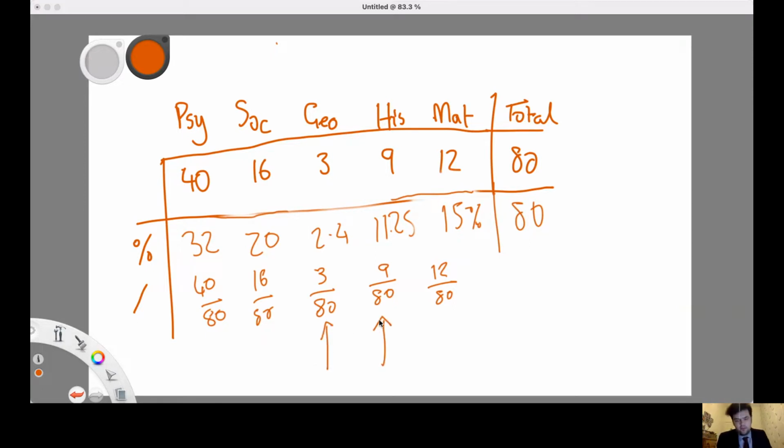These can't be simplified because no one number goes into both 3 and 80. 3 is prime, so only 1 and itself go into it, and 3 doesn't go into 80. So we can't simplify this any further. Same with this one. 1, 3, and 9 go into it. 9 doesn't go into 80, nor does 3. So these cannot be simplified. These are in their simplest form.